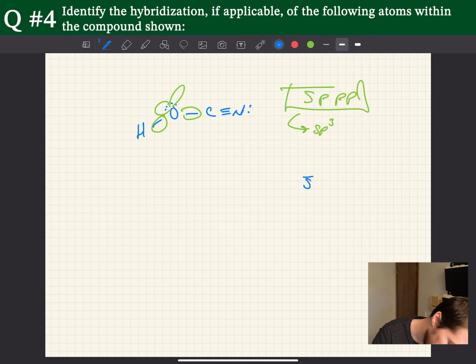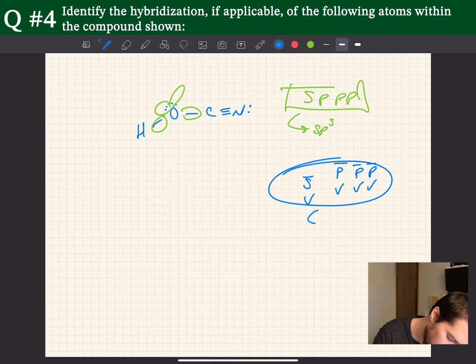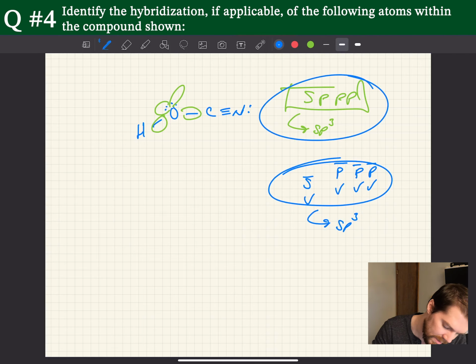We have an s orbital and 3 p orbitals. If I have 4 regions of electron density, I'm combining all of those, and when you combine them, you get sp3. So oxygen is sp3 hybridized.